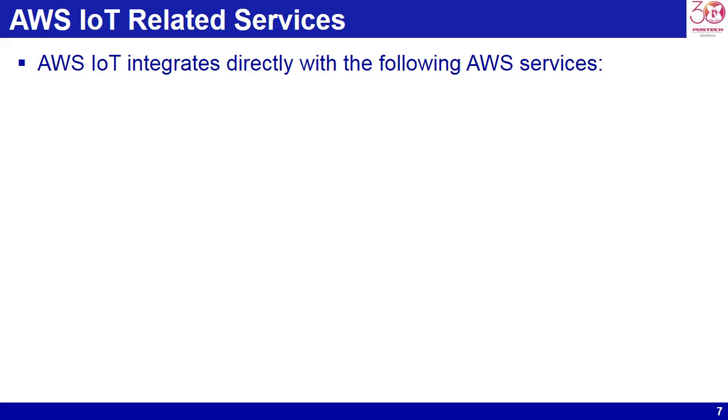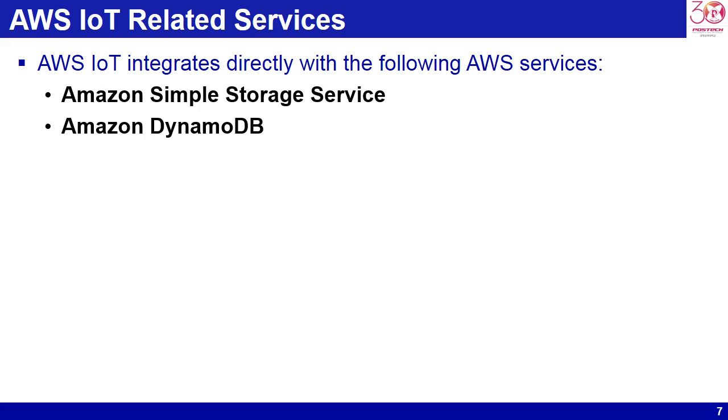AWS IoT integrates directly with the following AWS services. Amazon Simple Storage Service provides scalable storage in the AWS Cloud. Amazon DynamoDB provides managed NoSQL databases.